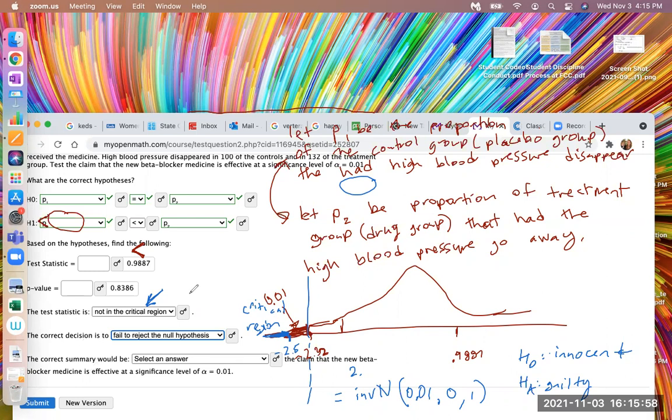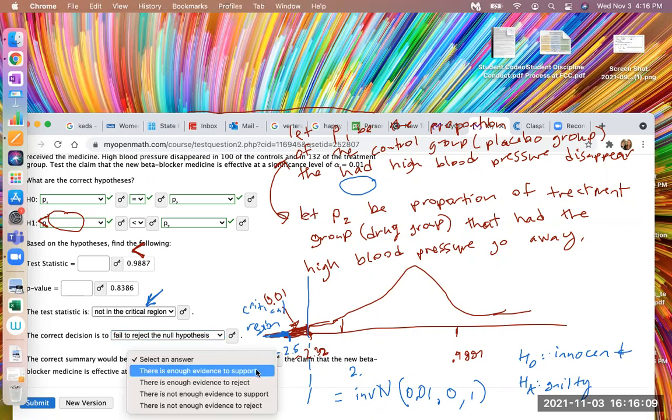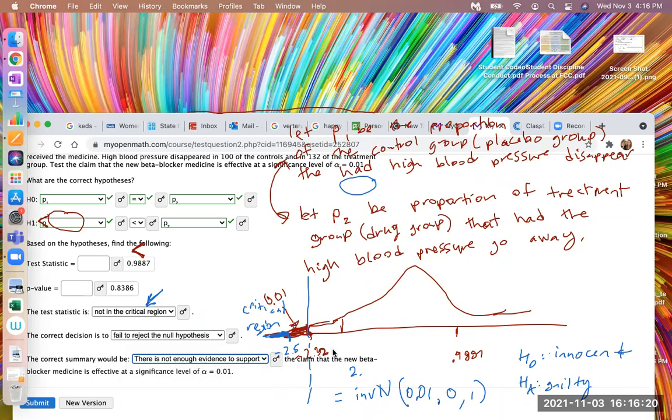So the correct summary would be, if we fail to reject the null hypothesis, then we fail to have enough evidence. Those two go together. So we say there is not enough evidence to support the claim that, and they should have restated the alternative hypothesis here, that the new beta medicine is effective.